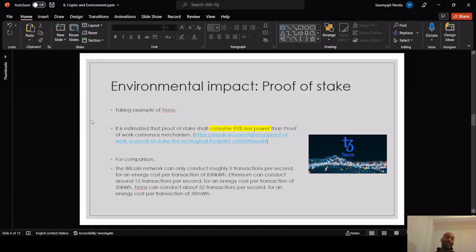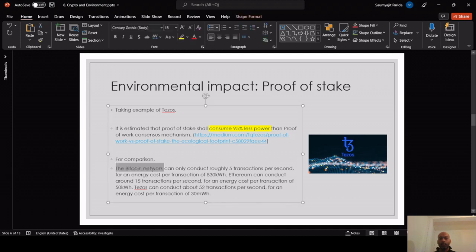Because here the mechanism is that I have some number of coins, I will stake them, and based on my quantity of coins there is a randomness involved. The higher the number of coins, the higher the probability of getting more coins.